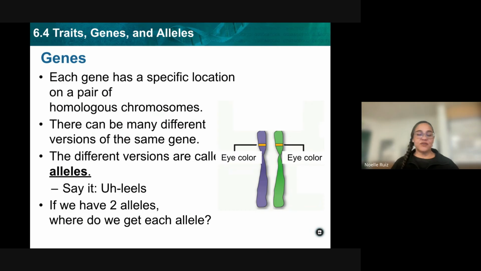And we have 2 alleles for every single one of our traits. Where do we get them? Put it in the chat. Where do you guys think we get each allele from? Or should I say, who do we get them from? Our parents, yep. We inherit one from mom, one from dad. One from our egg donor, one from the sperm donor.